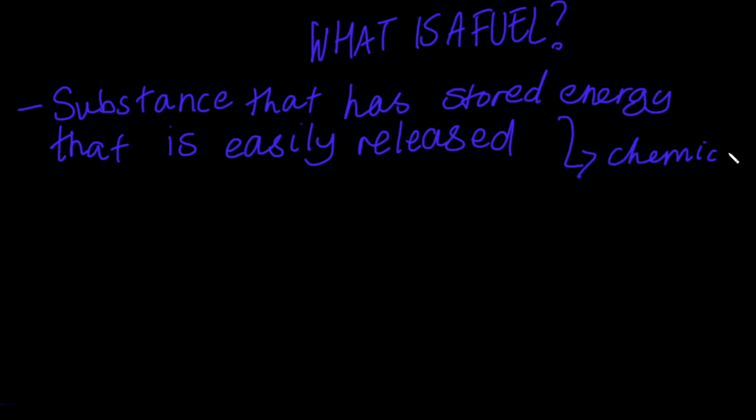So that's going to be in the bonds between the different molecules in the compound. So when we discuss how good a compound is at being a fuel in terms of how much energy it can release, it really comes down to how much energy is stored within the bonds, and it kind of puts everything into context in that regard.